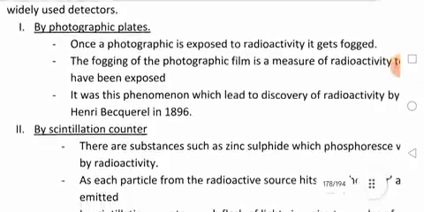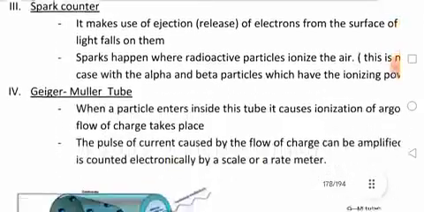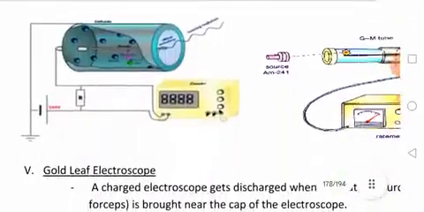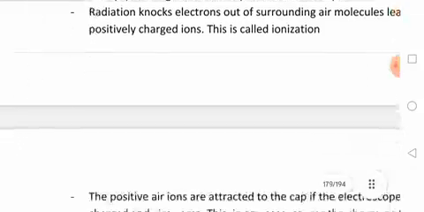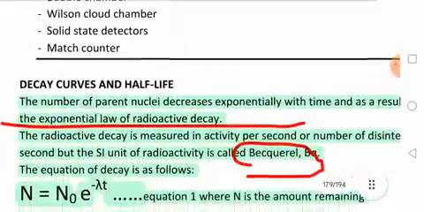For example, we have photographic plates, scintillation counter, spark counter, GM tube, that's Geiger-Muller tube, and gold leaf electroscope. Other radiation detectors include bubble chamber, Wilson cloud chamber, solid state detector, and the Geiger counter.